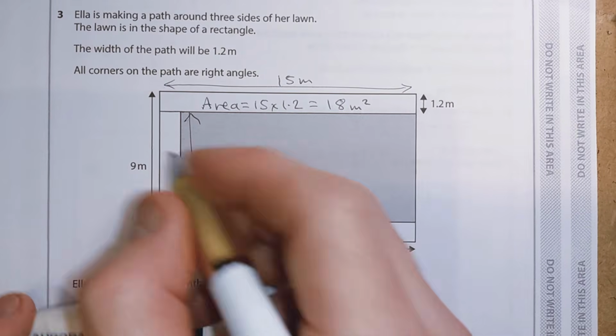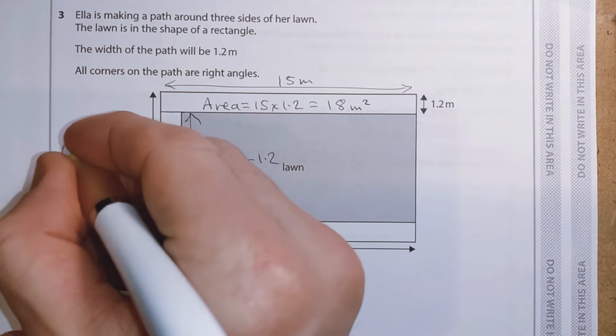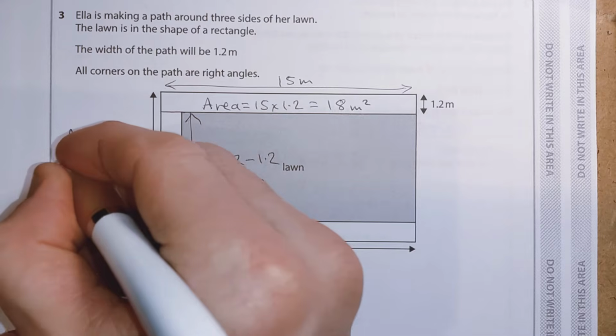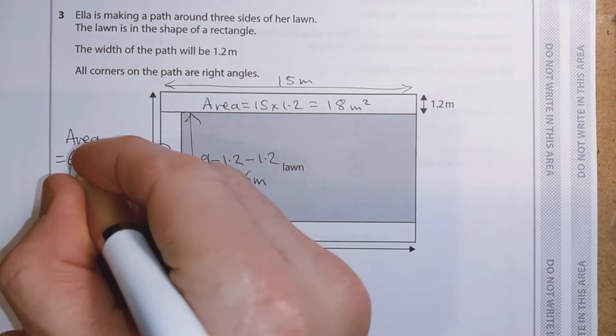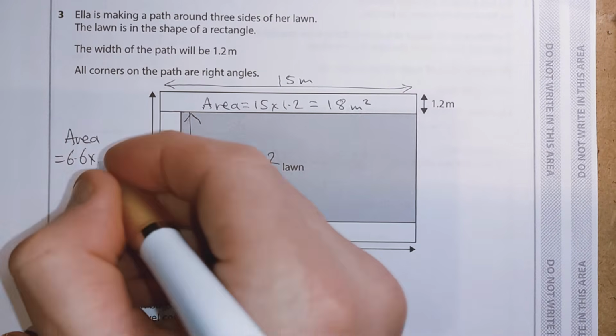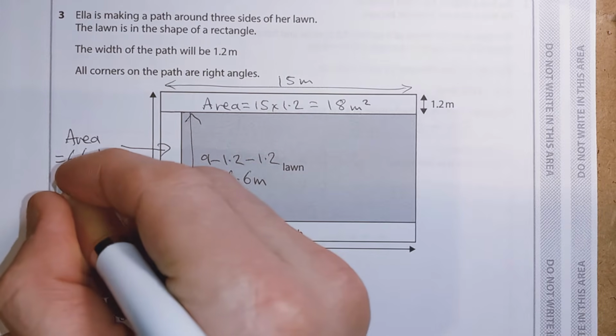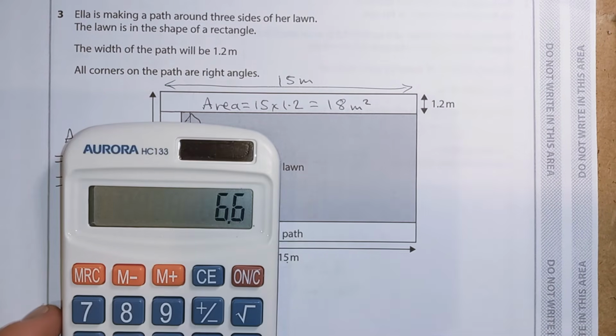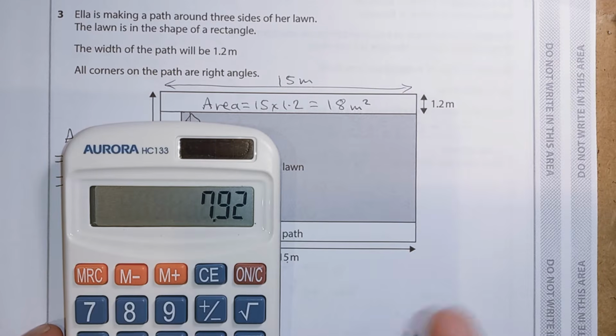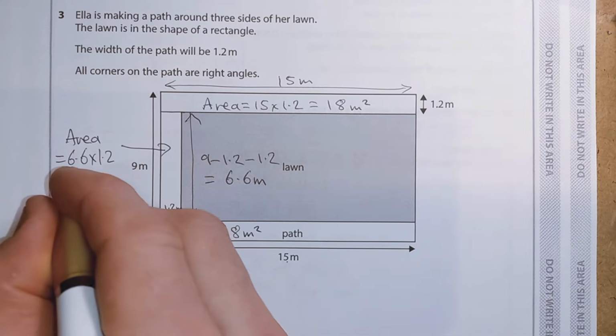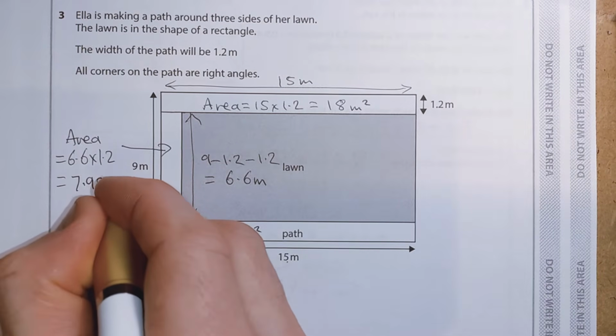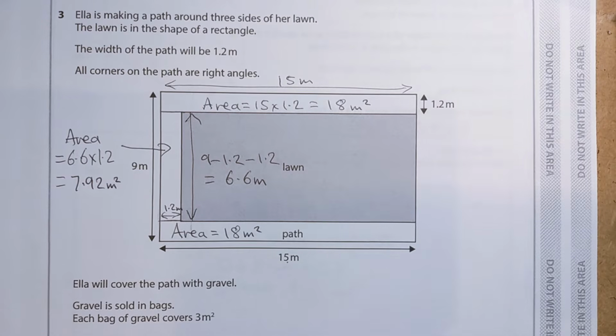So the area of here is going to be our 6.6 metres times 1.2 metres, which gives us 7.92 metres squared.